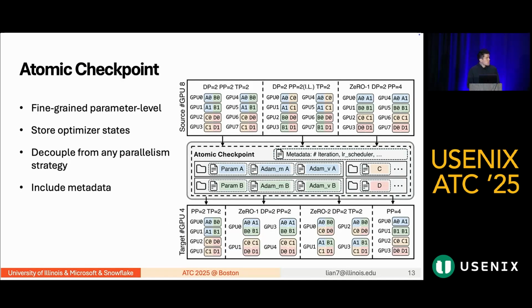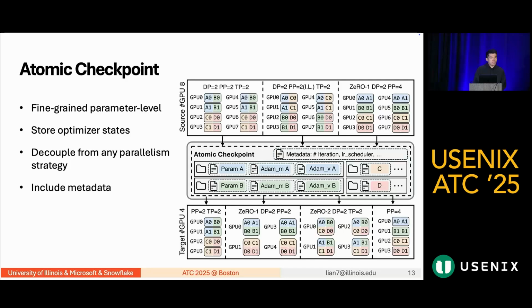So here we introduce atomic checkpoint, a fine-grained, parameter-level format designed for flexibility and efficiency. This fine-grained representation enables efficient parallel conversions and reduces contention during processing. The atomic checkpoint stores both model parameters and optimizer states, allowing training to resume with full optimizer context, including momentum and variance for the atoms.